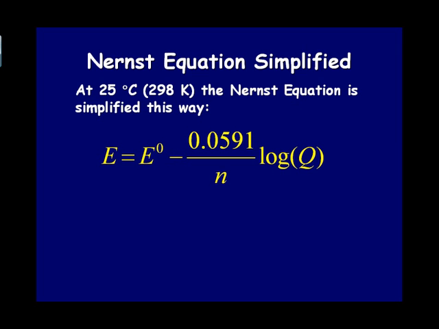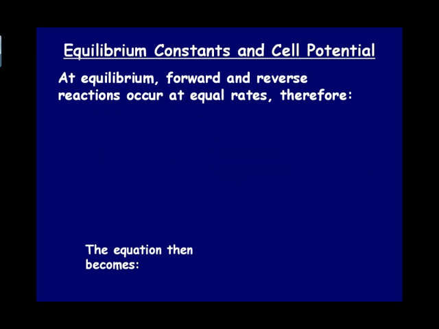Notice too that we're doing this particular one in log base 10 rather than natural log, so there's also a correction factor in there for that as well. So we're calculating non-standard voltage by taking standard voltage and correcting it by taking the reaction quotient, which is the Q, and the number of moles of electrons.